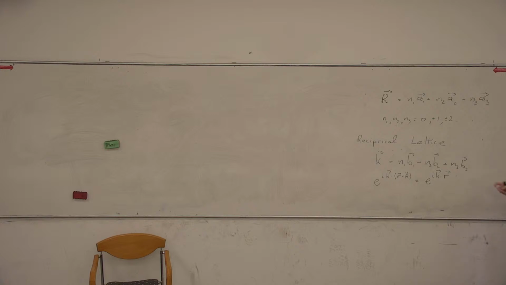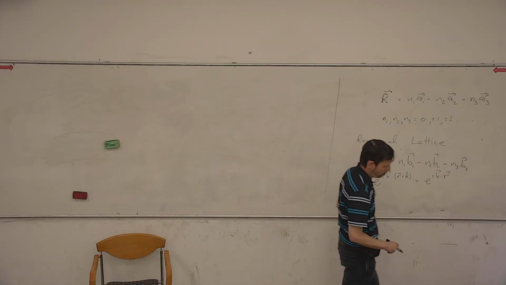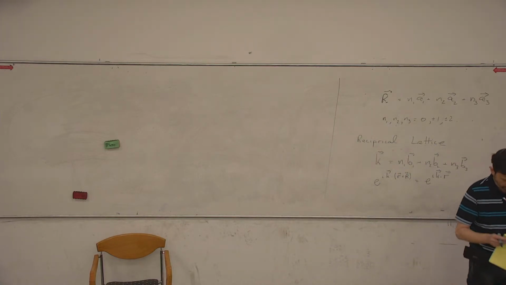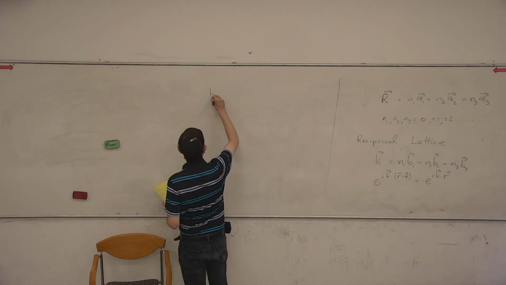And since it's a lattice, it has to follow this construction. My only problem is to find what are b1, b2, and b3.